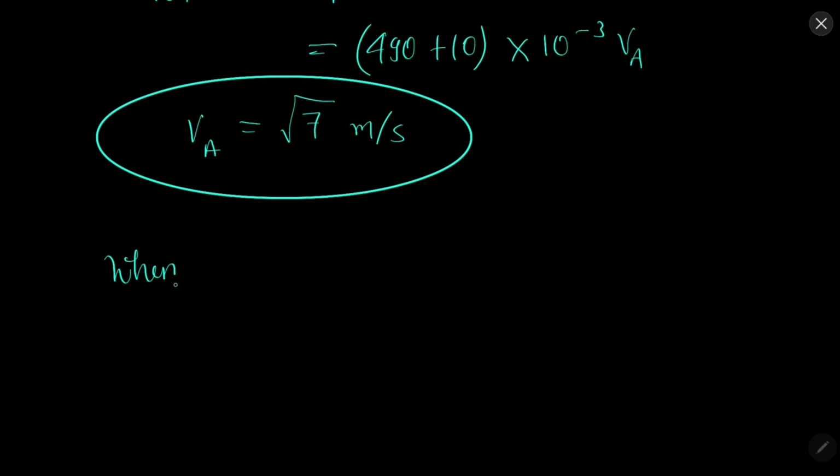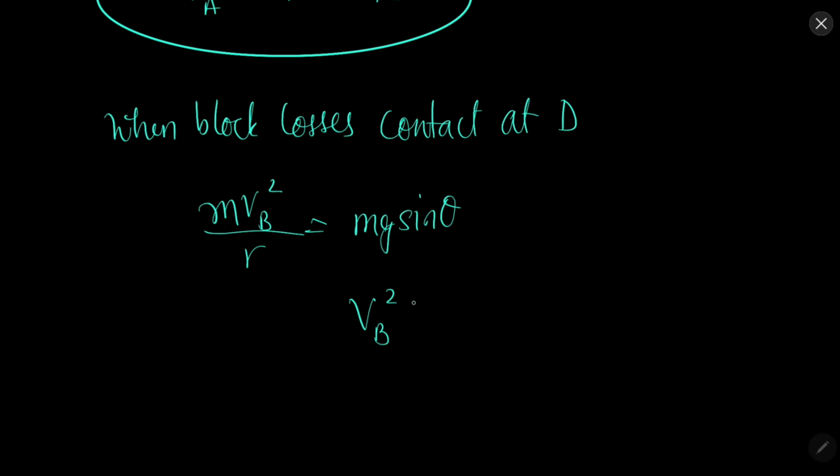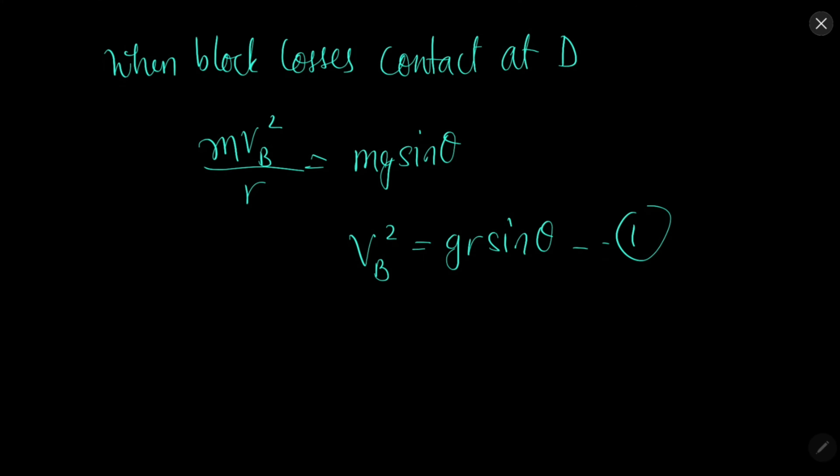Now when the block loses contact at D, the mg component will act on it. So mvb square over r will be mg sin theta. So vb square equal to gr sin theta. Let this be equation 1.